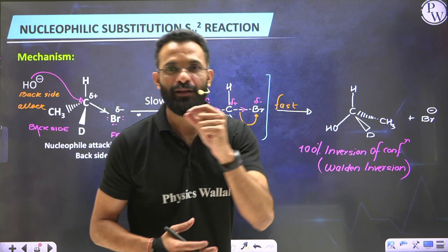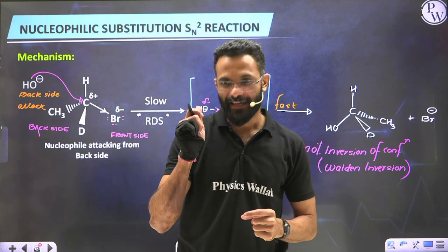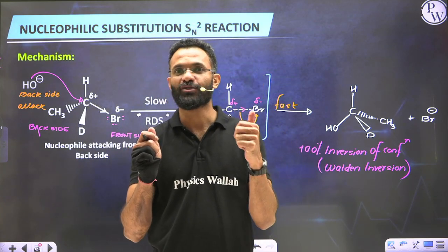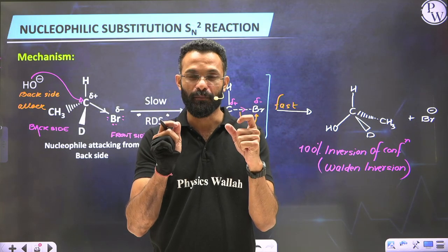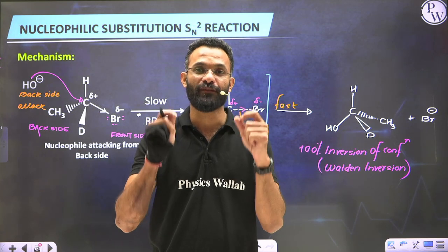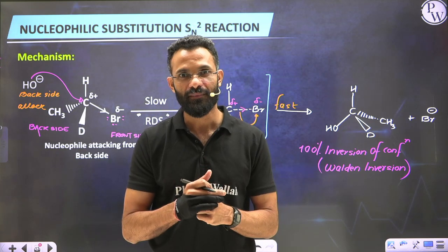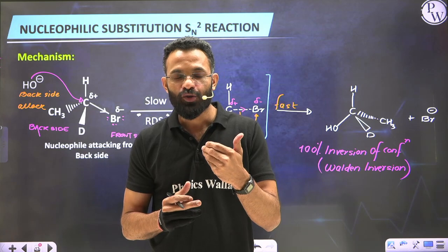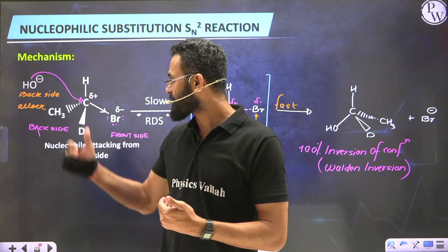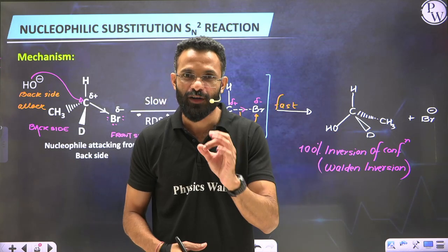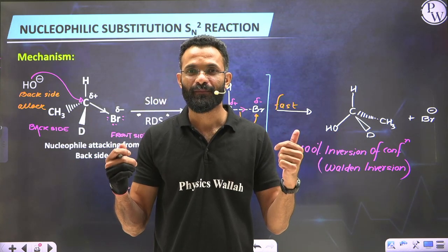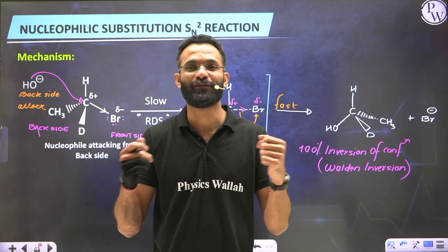But guys, let me tell you one very important thing. Dextro isomer and levo isomer are terms related to enantiomers, meaning they are the optical isomers of the same compound. So for me to be able to say that a dextrorotatory compound is converted to a levorotatory compound, first of all, these two have to be isomers of the same compound.